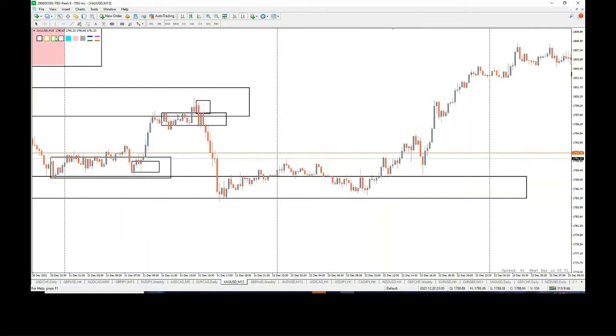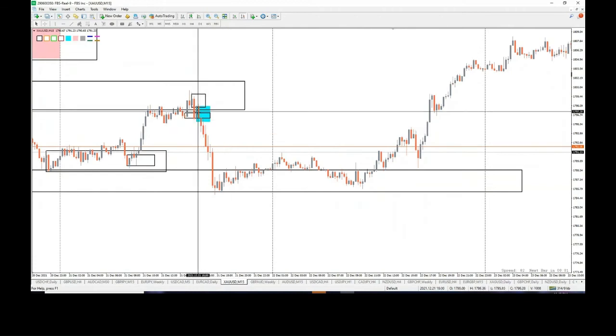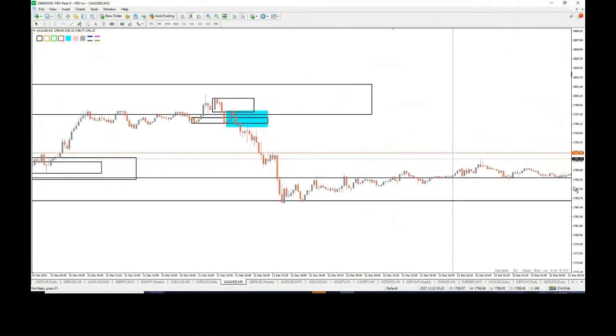The second one works just fine. If you want, you can also wait for this zone to break and enter right here. Along the way down, you have to look for sell.